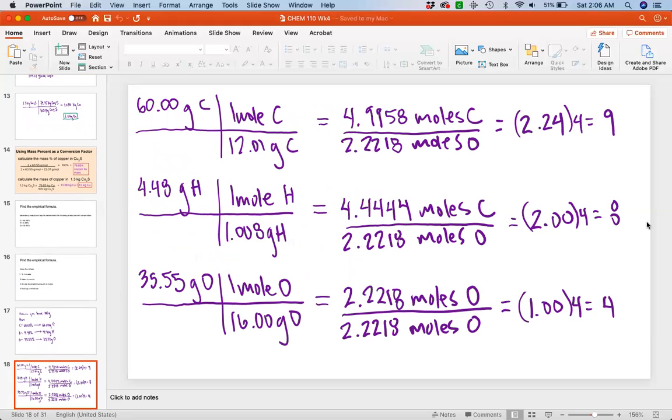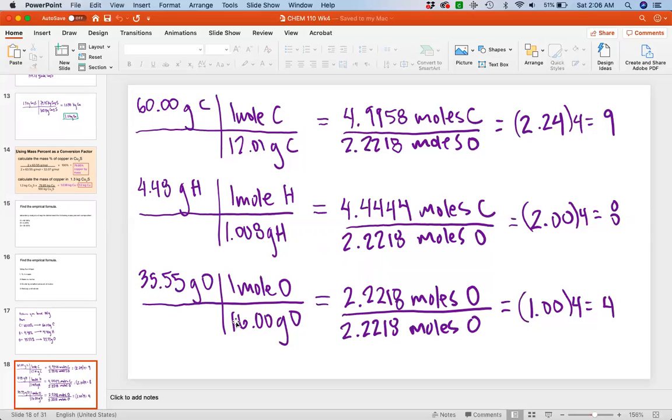The next step in our calculation is we can convert the 60 grams carbon to moles of carbon, and we can convert our 4.48 grams of hydrogen to moles of hydrogen, and our 35.53 grams of oxygen to moles of oxygen.